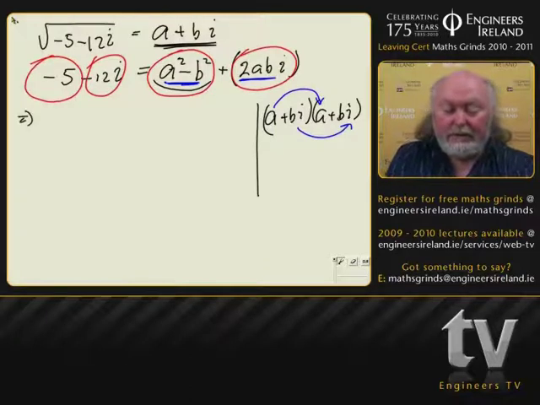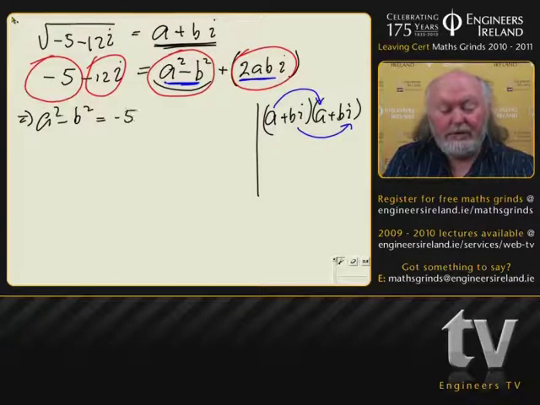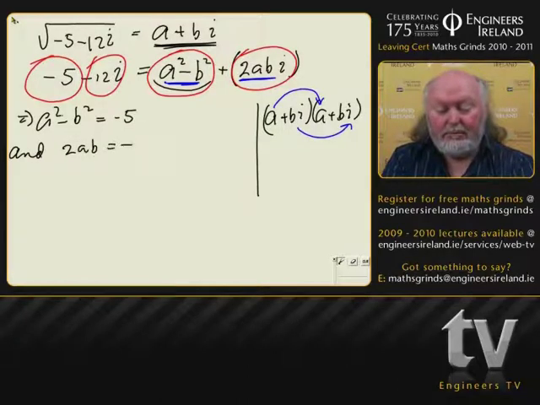That implies a squared minus b squared must be equal to minus 5, and 2ab must be equal to minus 12.